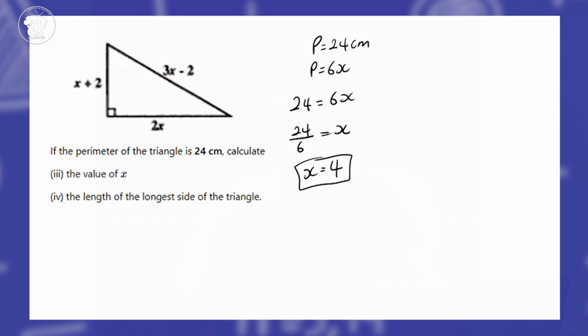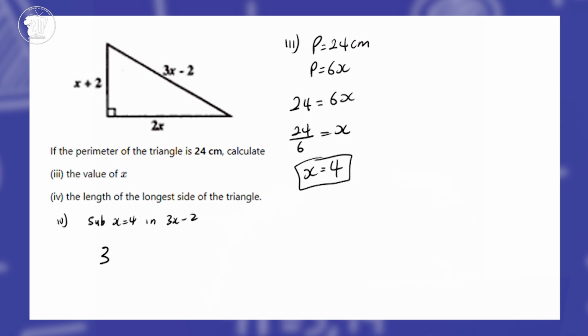Now that we have the value of x, next they're asking us to find the length of the longest side. The longest side is always the side opposite the right angle, so the longest side is 3x minus 2. We substitute x equals 4 in 3x minus 2.